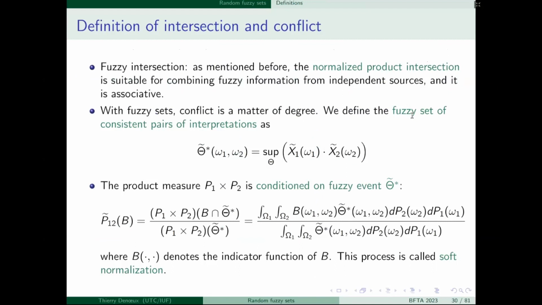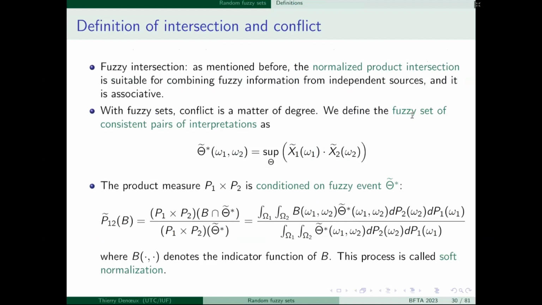So this is the product, and I take the supremum, which gives me the height. So the degree of consistency of these two fuzzy sets is the height of the product intersection. And this allows me to define a fuzzy set of consistent pairs of interpretation. I say that the degree of consistency between omega-1 and omega-2 is the height of the product intersection of the images of omega-1 and omega-2.